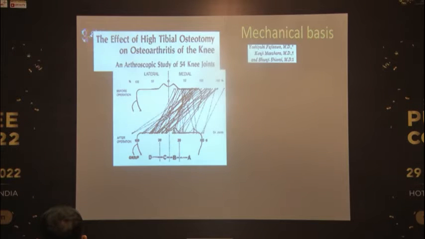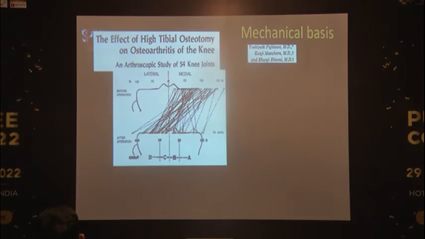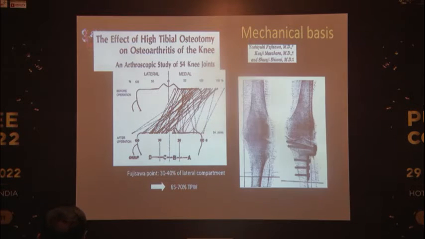And thinking about that, these are pioneer papers in the 70s by Mr. Fujisawa, and he defined, on 44 joints during arthroscopy, that the best way to convert these mechanical problems into a new mechanically aligned leg was to push the alignment a little bit to a valgus knee for a varus, and to push it pretty far on the lateral side of the knee.